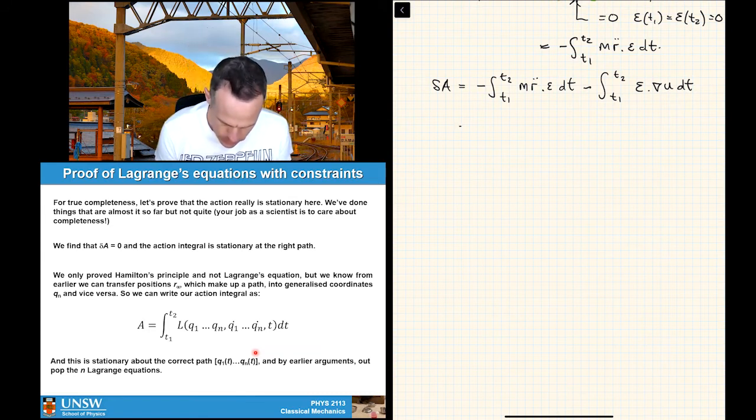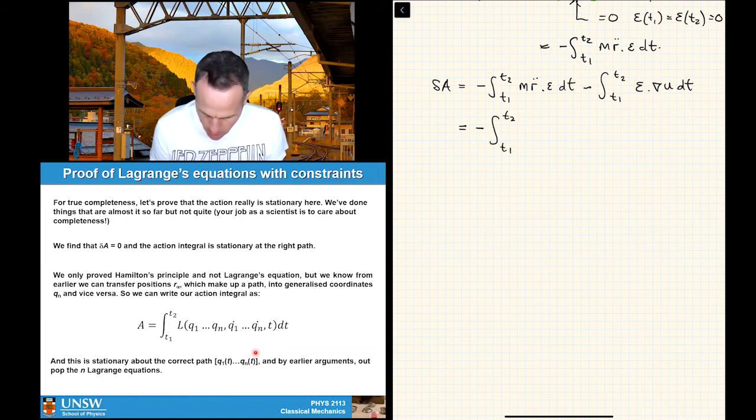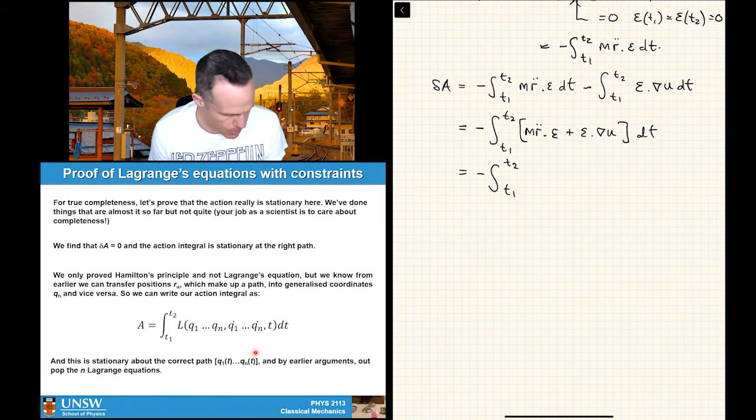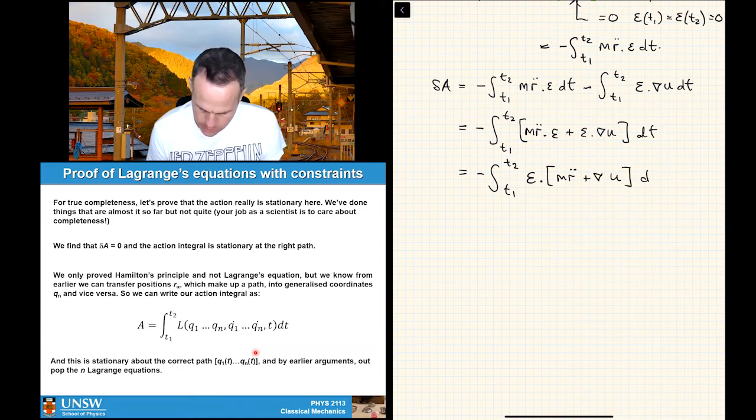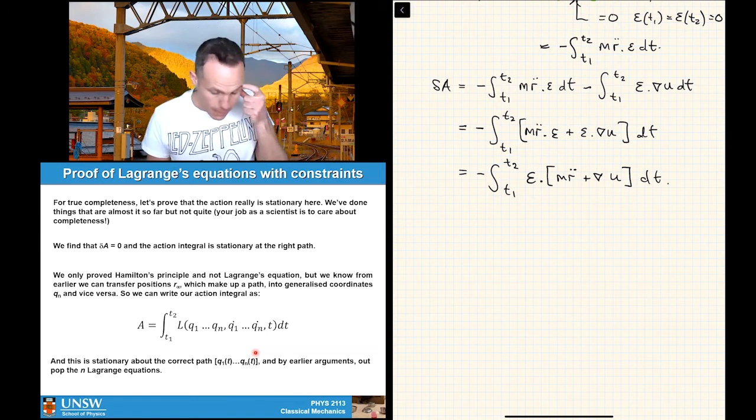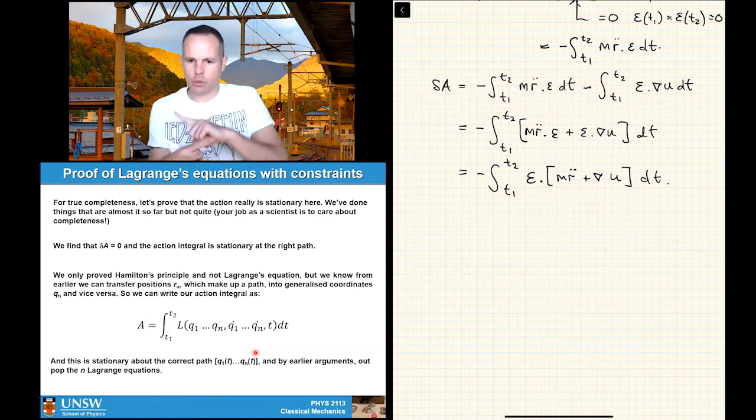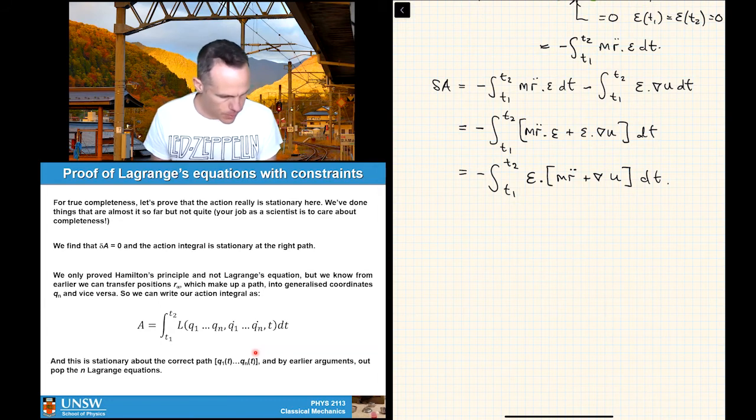So we can turn this back into one single integral here, which is now the integral from t1 to t2 of m r double dot dot epsilon plus epsilon dot grad U dt. And of course we can pull the epsilon out, so this is now the integral of epsilon dot, m r double dot plus grad U, dt, okay? And of course you know that vector dot products are commutable. You can reverse the terms and it makes no difference to the two terms.